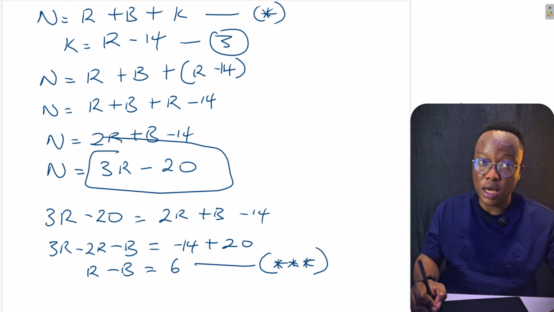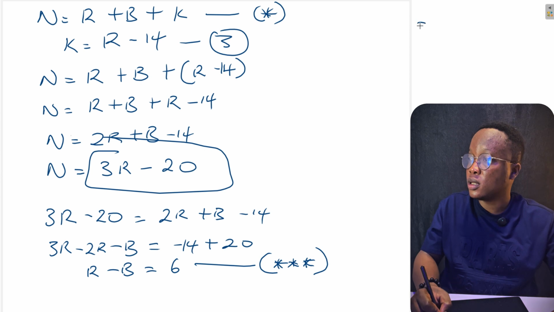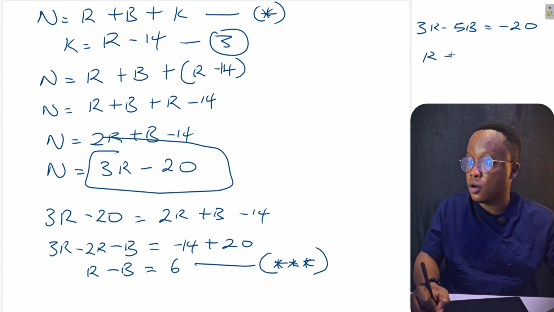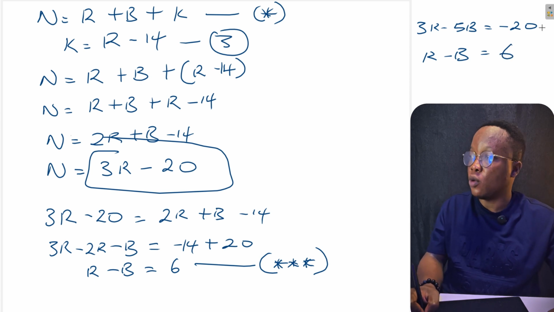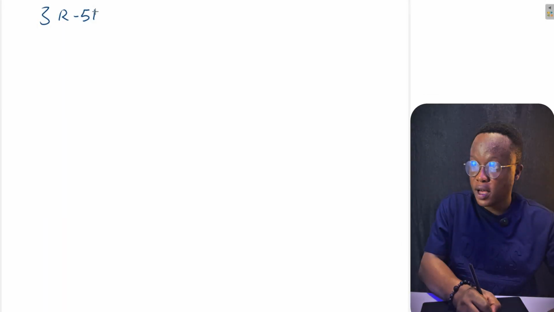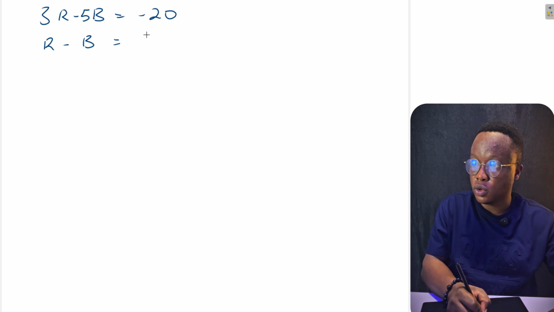We had an equation earlier that was 3r minus 5b is equal to negative 20. Now we have r minus b is equal to 6. Now we can solve these two equations simultaneously. 3r minus 5b is equal to negative 20. r minus b is equal to 6.